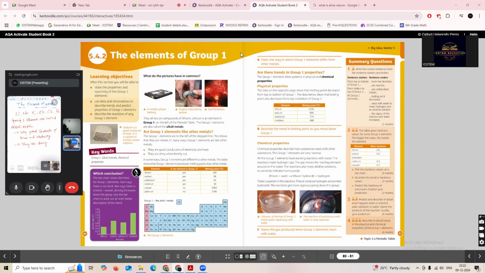One important thing is, unlike the other groups, here the melting point decreases from top to bottom.